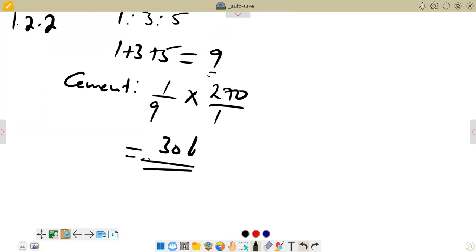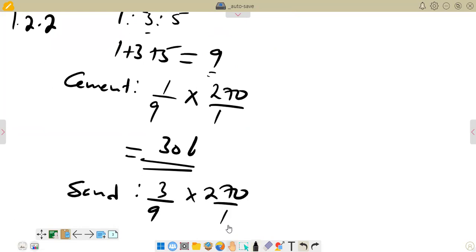Then we calculate for sand, remember. On sand we have 3 as our representation, so we say 3 over 9, our denominator is not changing, and then we multiply by 270 over 1.